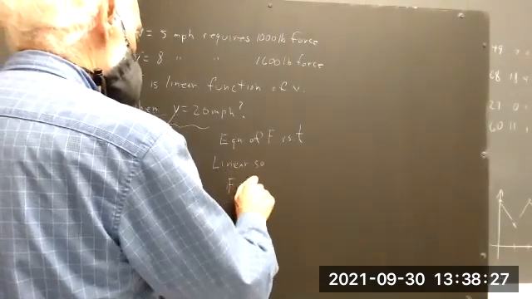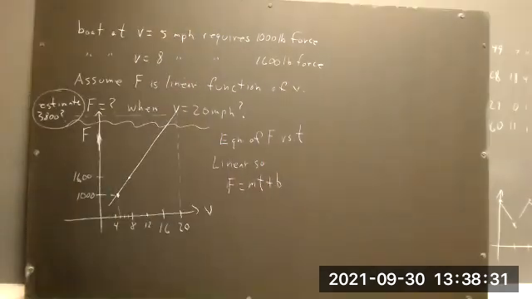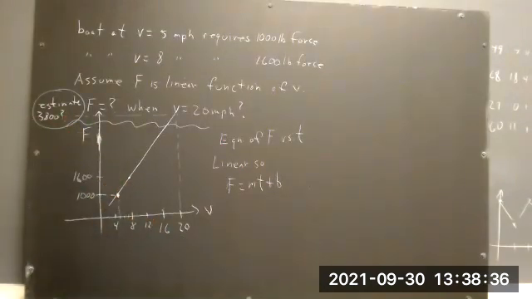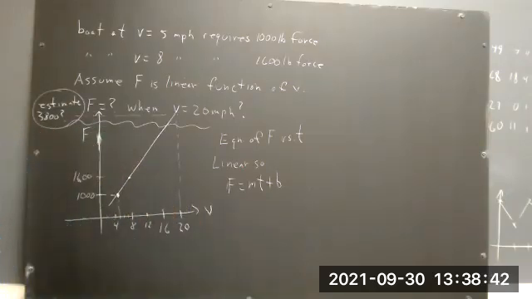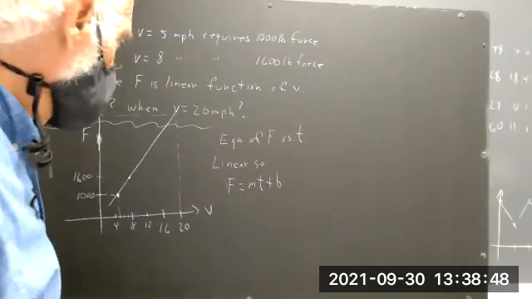So F equals MV plus B. I'll use V here instead of X. Now, if you want to use Y and X and say Y stands for the force and X stands for the speed, that's okay. But I'm going to do it this way, so I don't have to do that extra step.